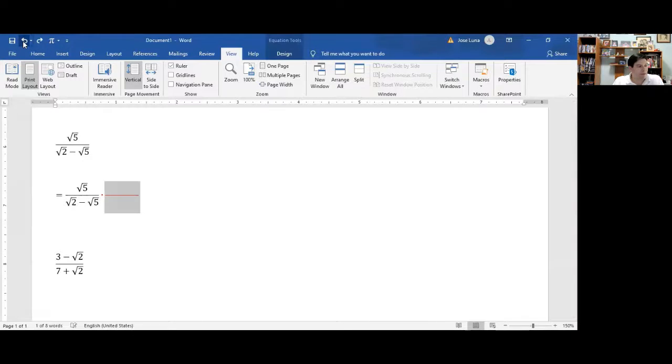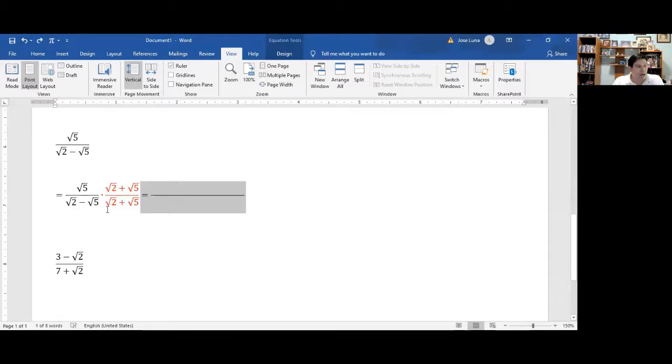This is so that these later will simplify easier. And because this fraction should be a 1, in the numerator we have to put the same thing: square root of 2 plus square root of 5.